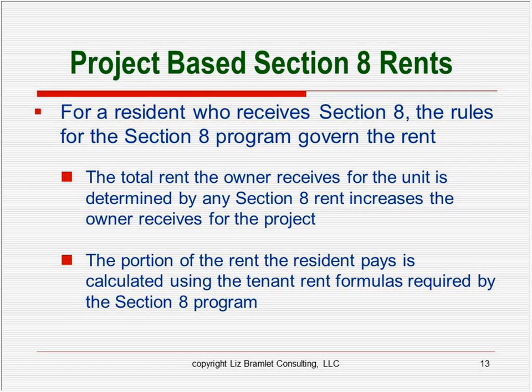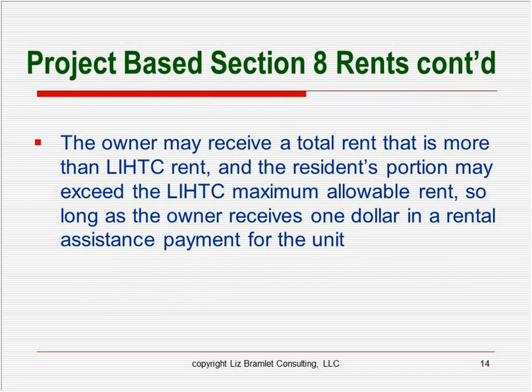It means that once you've qualified them for tax credit purposes, they're income eligible and they comply under the tax credit student rule, then the total rent the owner receives for the unit is determined by any Section 8 increases they are able to receive for the project, and a portion of that rent paid by the resident is calculated using the tenant rent and TTP formulas required for the project-based Section 8 program.